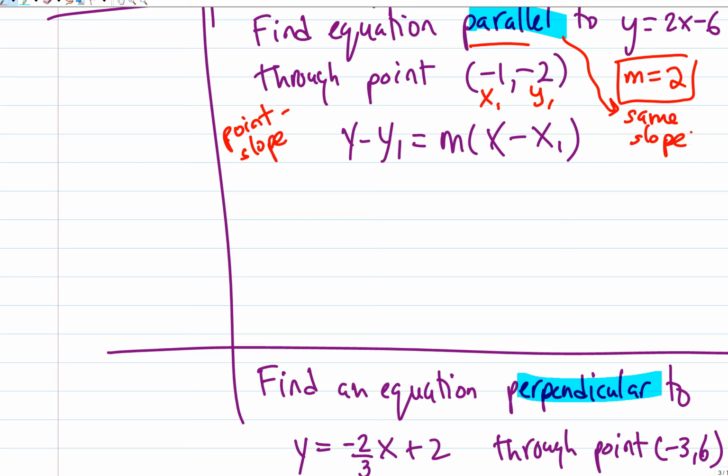So now we have our point and our slope. Does that make sense? So we can start filling it in. Y minus y1. Y1 would be negative 2. Y minus negative 2 is equal to m. Our m was the same, 2, right? Times x minus, and x1 is negative 1.